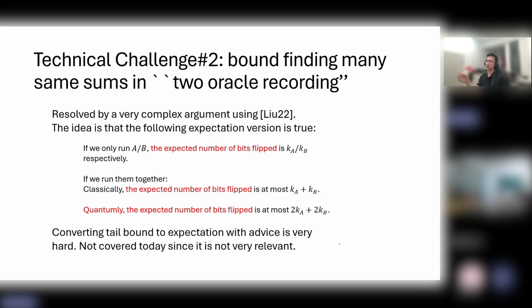But if you guess the advice, the probability on every bit flip will be boosted by 2 to the s, which will give you a useless bound. So I will not mention the techniques that do this conversion. This is really not relevant to the main message of this paper, but it's a very interesting technique. If you're interested, just look at the paper.